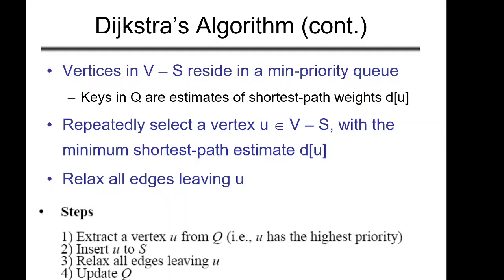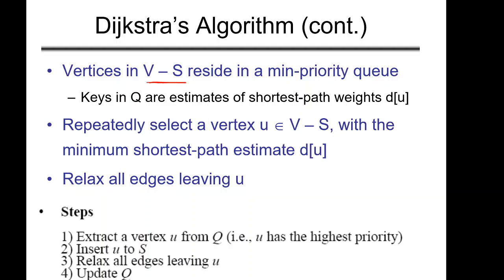Let's suppose that the vertices V minus S, that is all the vertices that are not yet discovered from S, are kept in a min priority queue. If you remember priority queue, we implement it using min heap. In general cases, we can call it a min priority queue, meaning the element which we will pick out first is the minimum element in the queue.